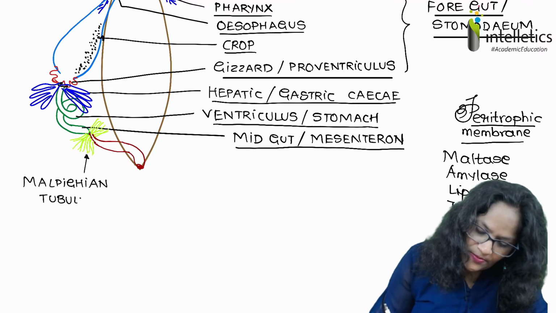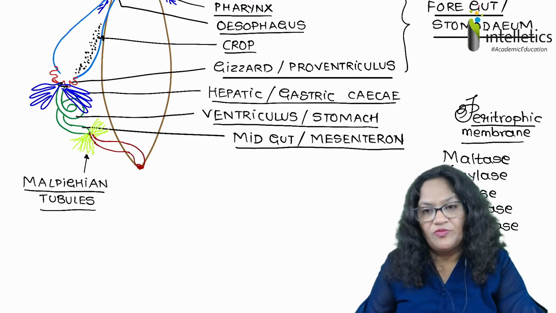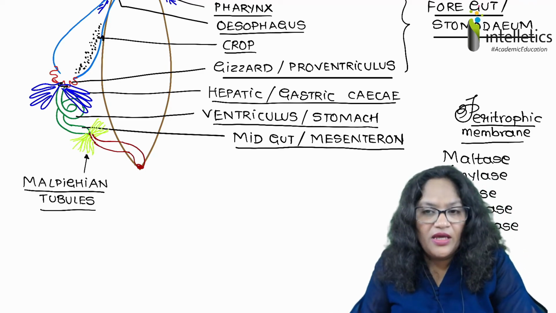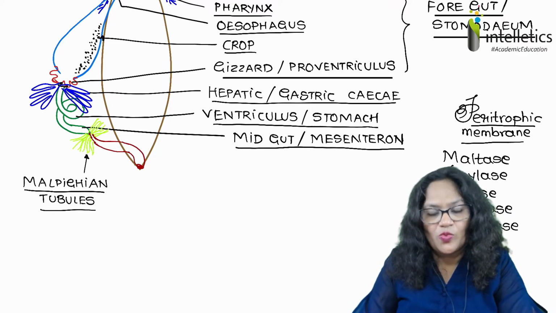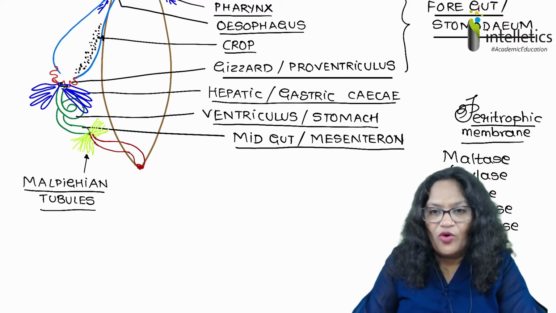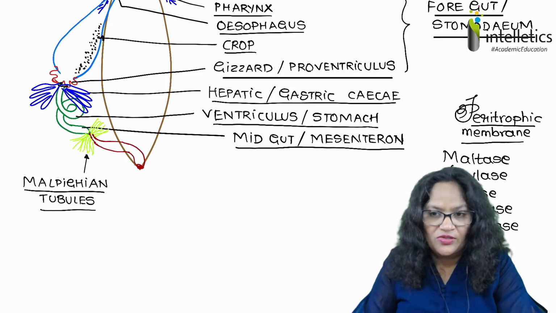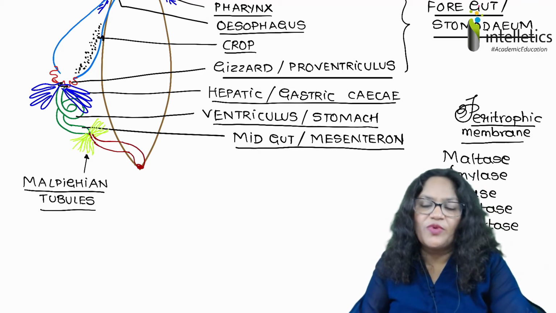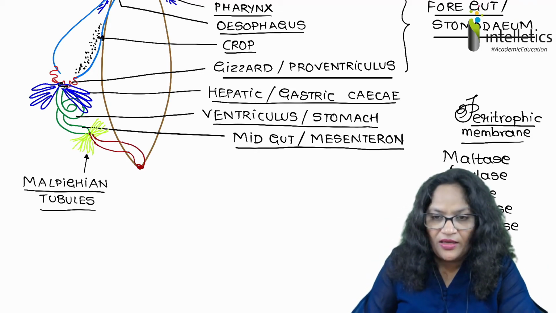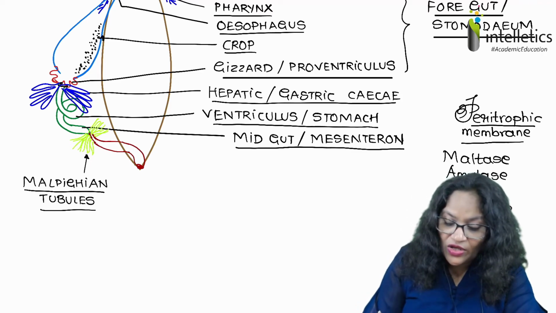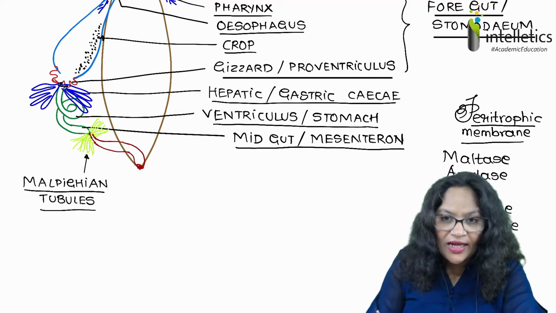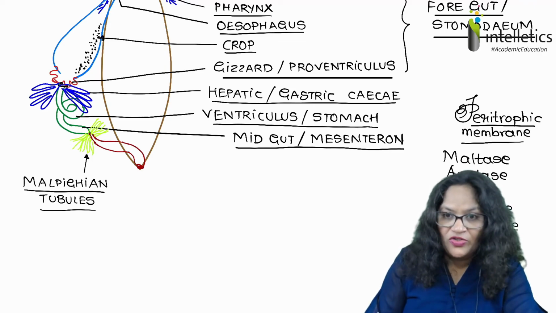What are they? Malpighian tubules. And these Malpighian tubules, they are involved in filtration of the nitrogenous waste products that are formed during the metabolic processes. So जो भी nitrogenous waste products body के अंदर बनेंगे, they are going to be actually released into the next, that is the hind gut via the Malpighian tubules.